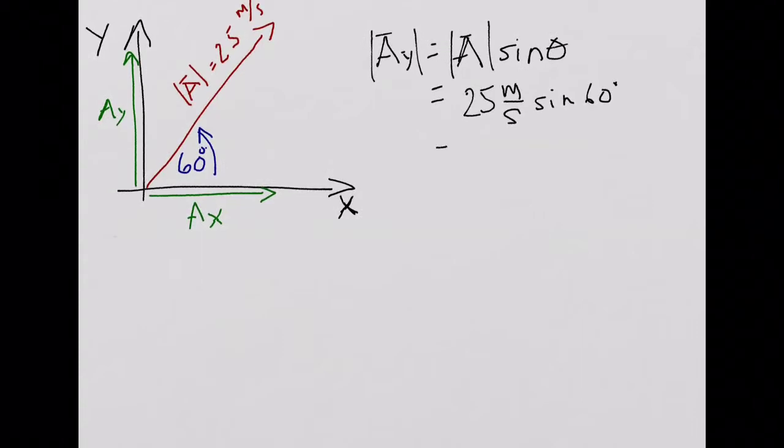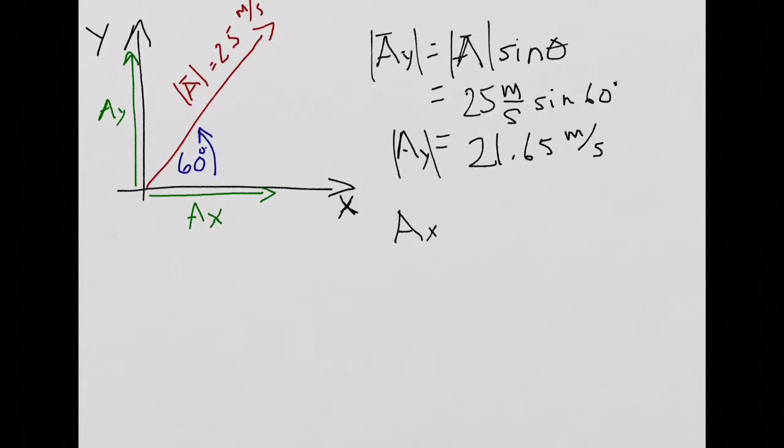When you calculate this, make sure your calculator's in degrees, not radians or gradients. And when you calculate this out, A in the y direction is equal to 21.65 meters per second.